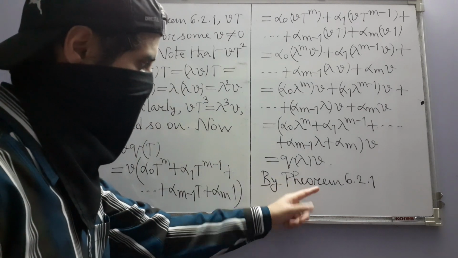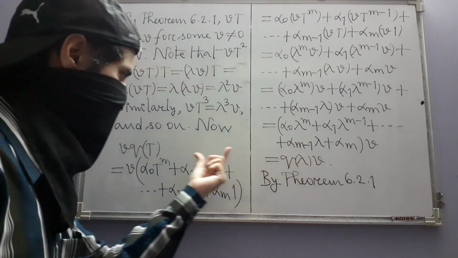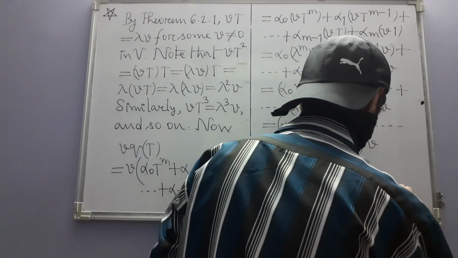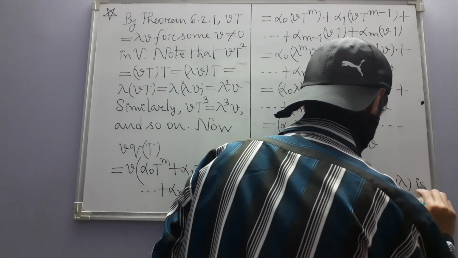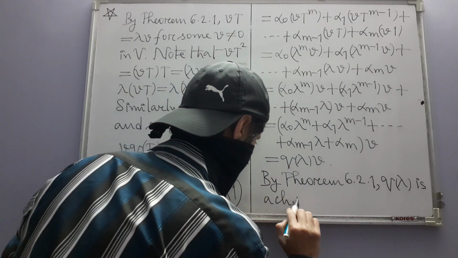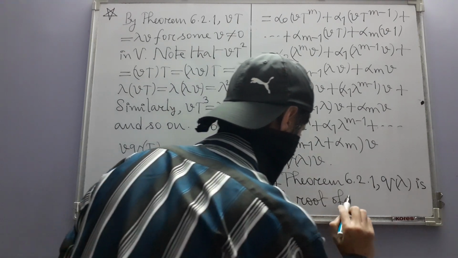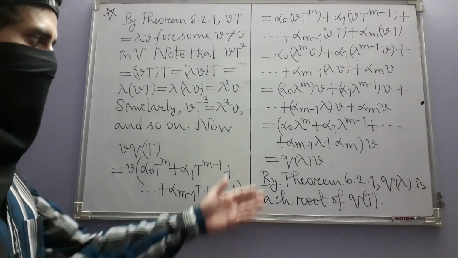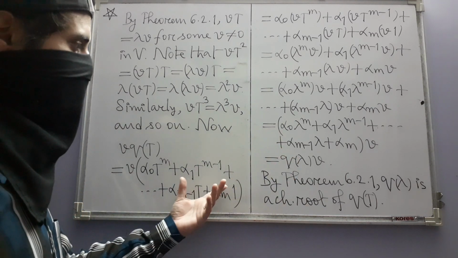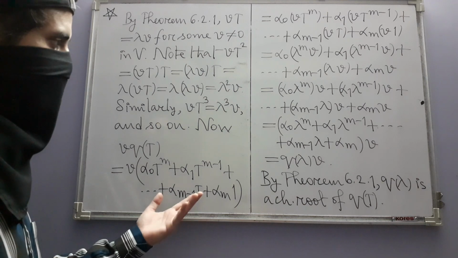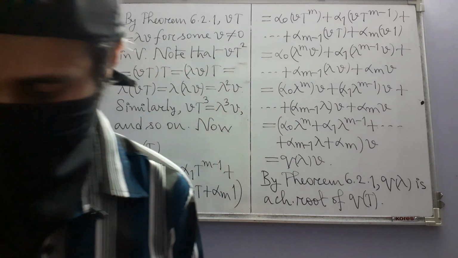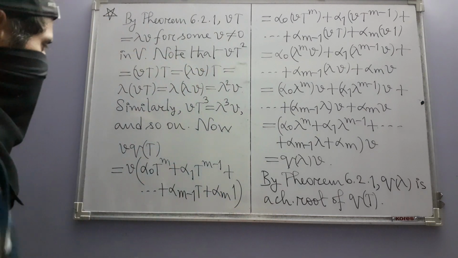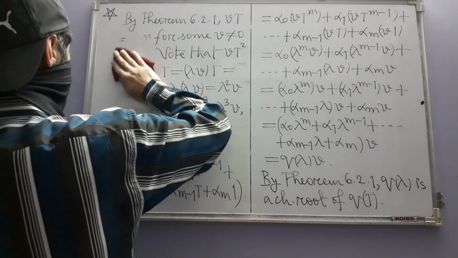So by theorem 6.1, q(lambda), this scalar, is a characteristic root of this operator q(T), and that completes the proof. Although the calculation is a little big, there is no twist in this proof. It's straightforward. Alright, now next we come to that result which I was saying is much more important than this one, and it's going to be called a theorem.